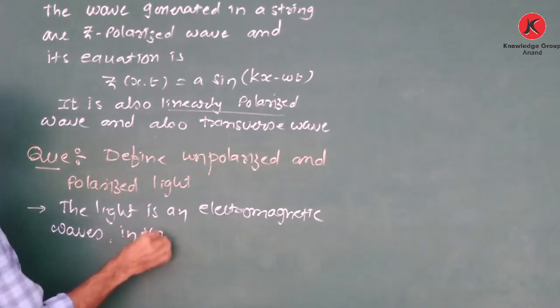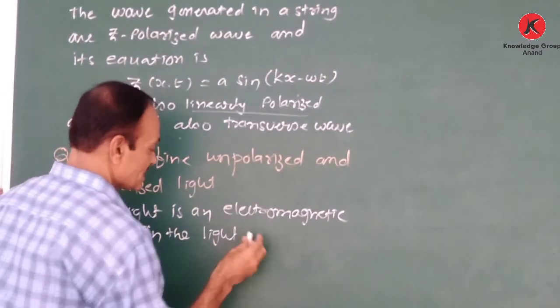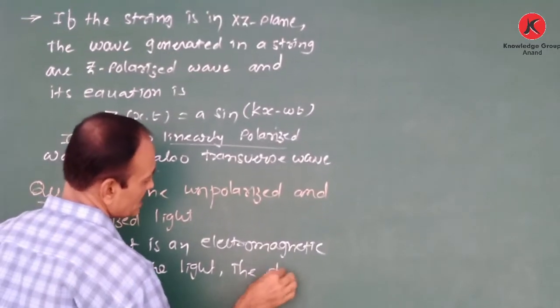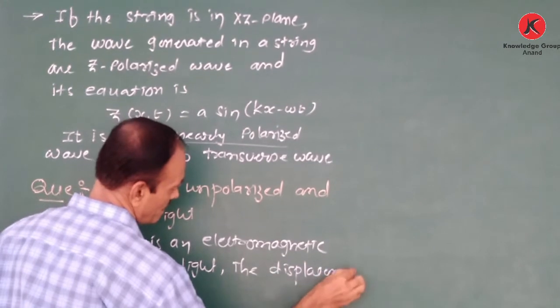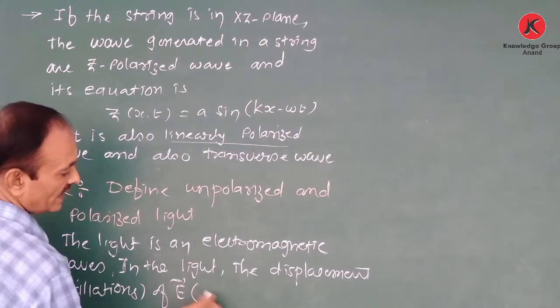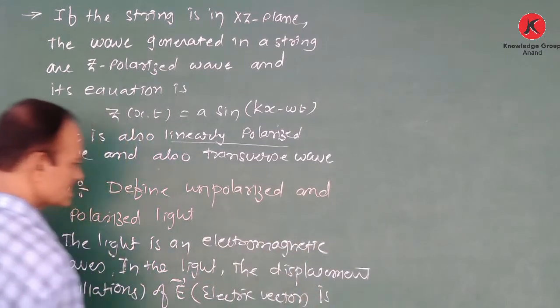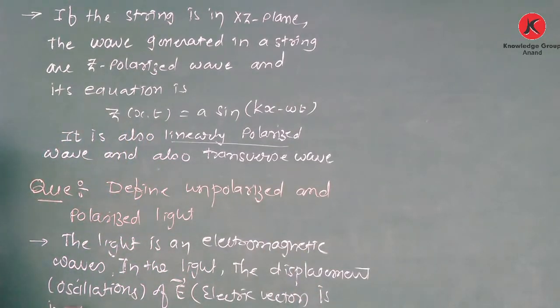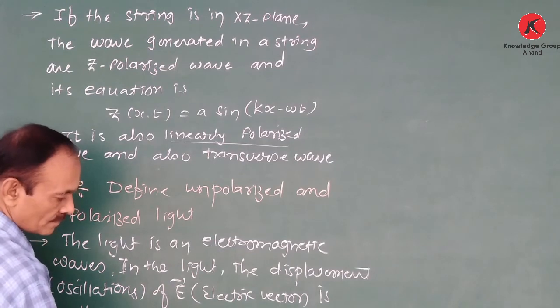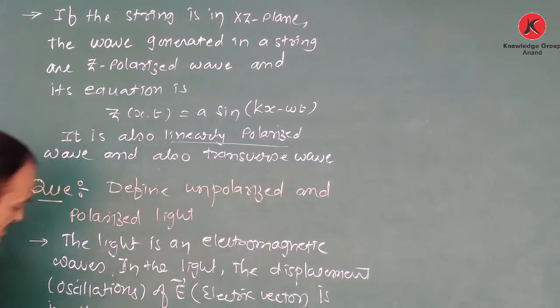In light, the oscillation or displacement of the electric field E, or the electric vector, is in all directions normal to the direction of propagation of the wave.